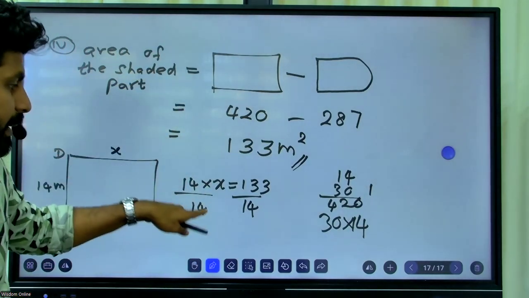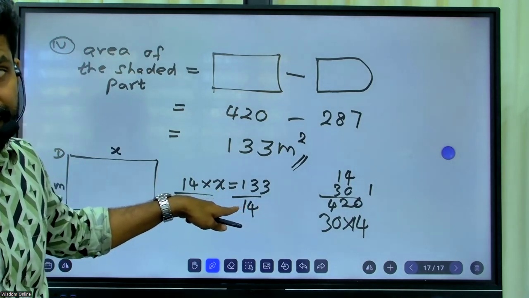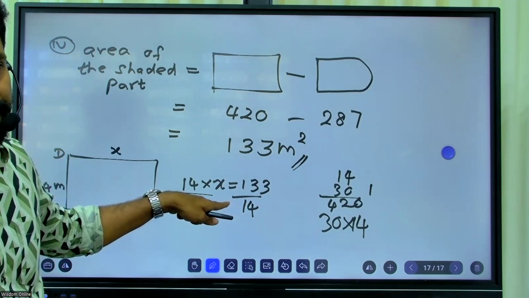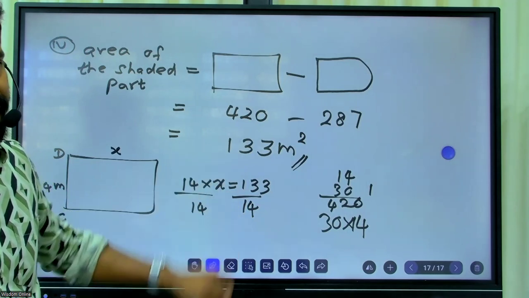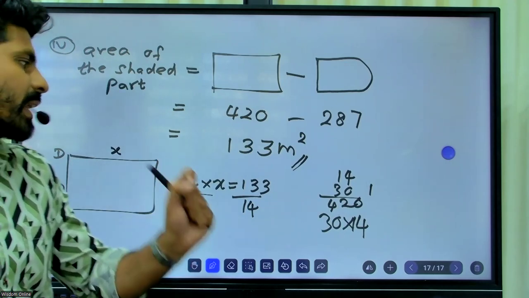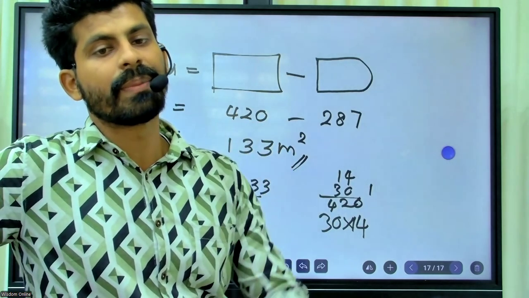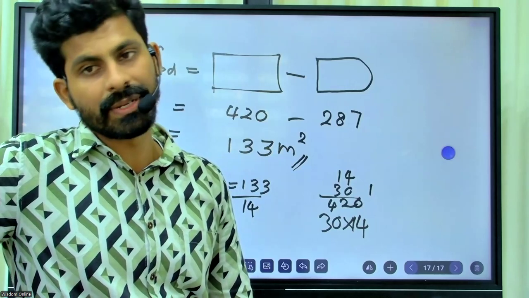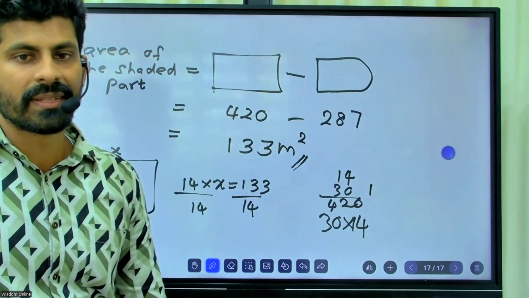Quickly do this one. 133 divided by 14. What is the answer?